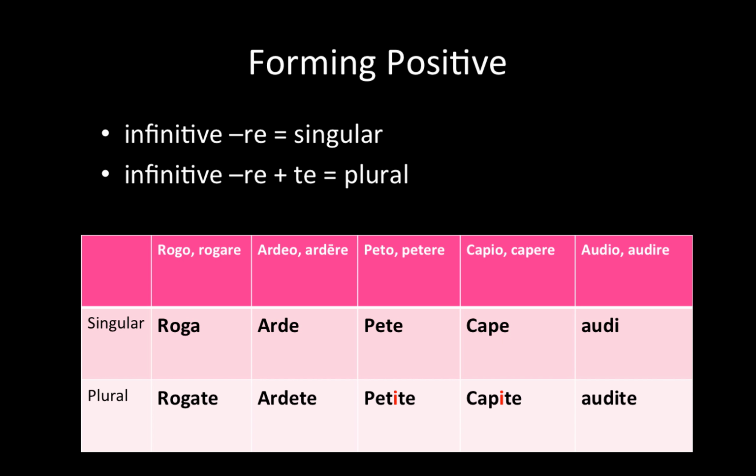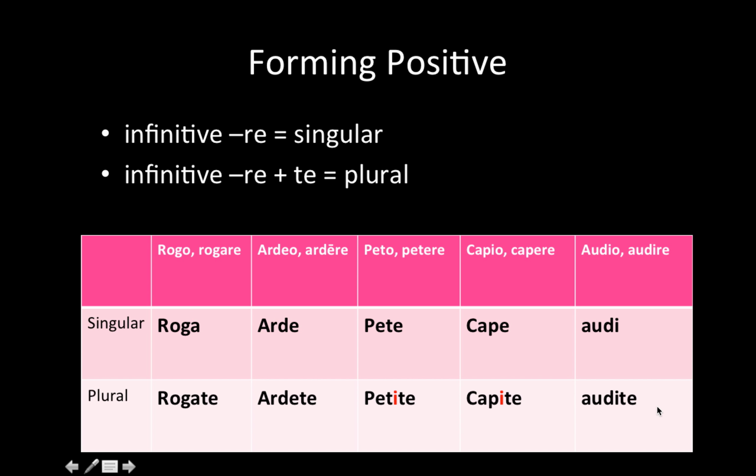When you make them plural, you have to change this E and this E to an I in front of the TE, because remember, these are soft E's and they can't stand up to a T. So you change them to I's and that's it. Fourth conjugation then goes back to being completely normal. Take the infinitive, drop the RE, you get audi, and then for the plural you're adding a TE, audite.